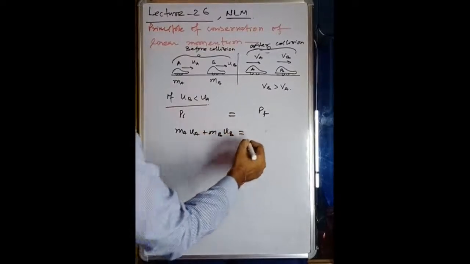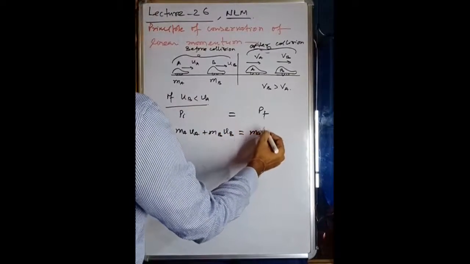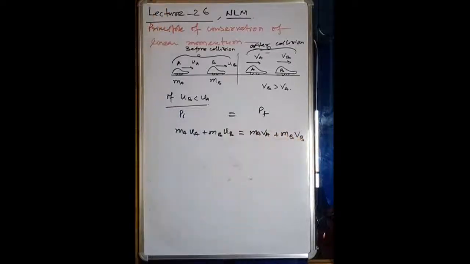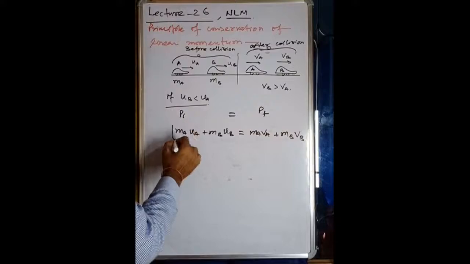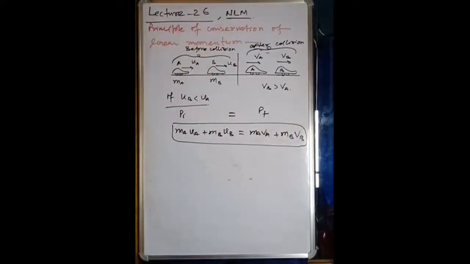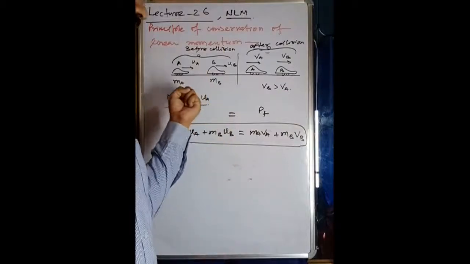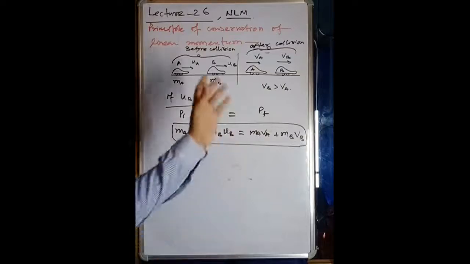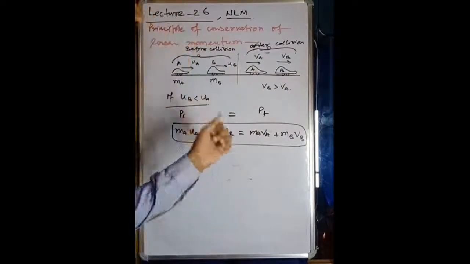It should be equal to MA VA plus MB VB. Am I right? Yes, it should be equal. Actually, this is the law of conservation of linear momentum. The whole momentum before collision and after collision should be the same, that is, before action and after action, it should be the same.